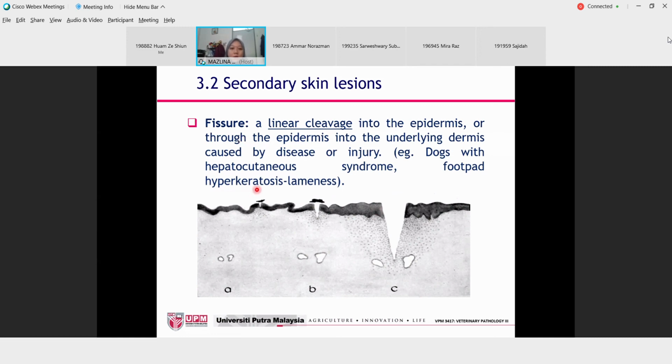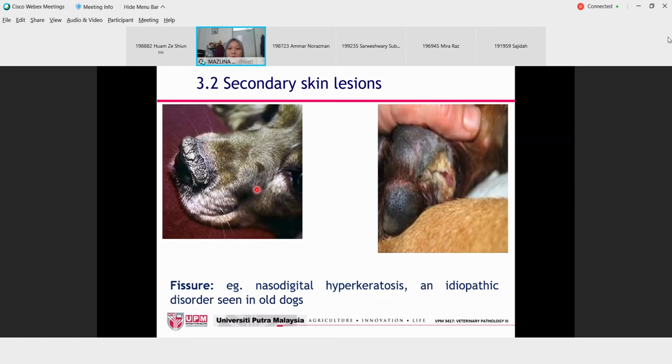Okay, so fissure, I hope you can see like this one. There is a break or linear cleavage in the skin. Okay, this one is nasodigital hyperkeratosis. Okay, nasal and the digit. Most of the time the cause is unknown, so it's idiopathic.